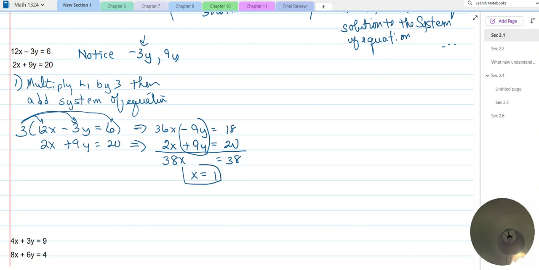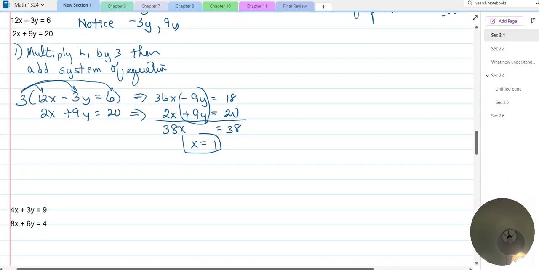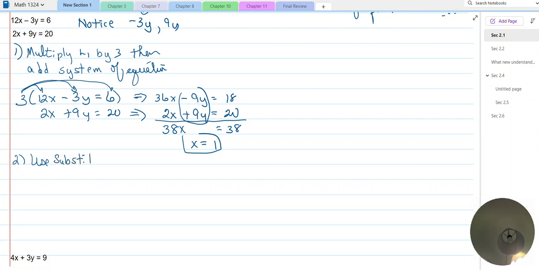So we have one part of our solution. So we're going to get the other part by substitution, to find our y value. So here we go. And it doesn't matter which equation, I'm going to use the second one. 2x plus 9y equals 20. 2 times 1 plus 9y equals 20.